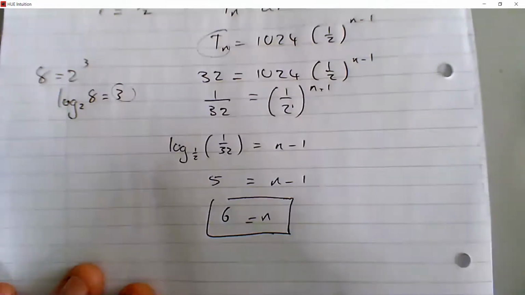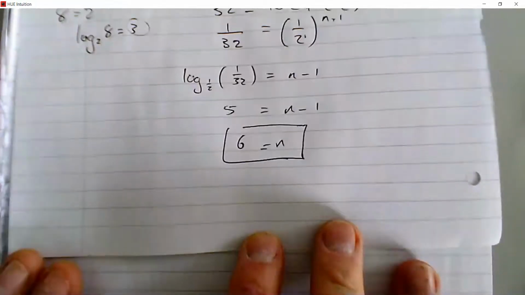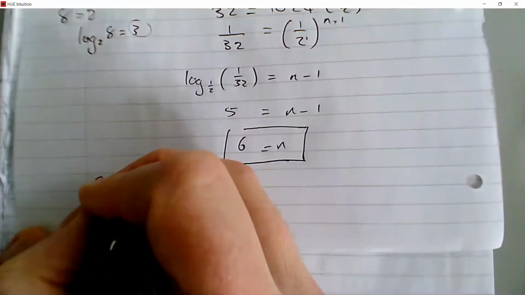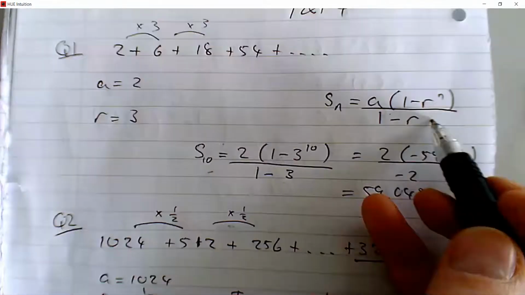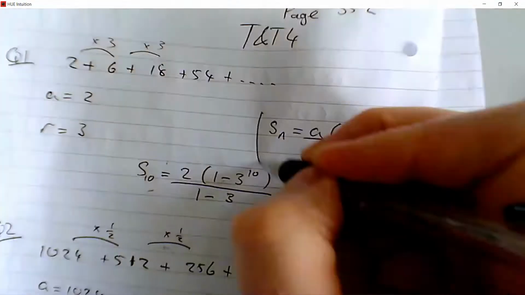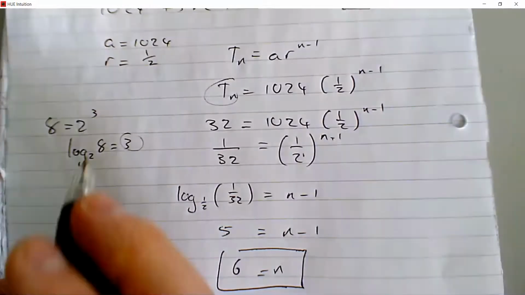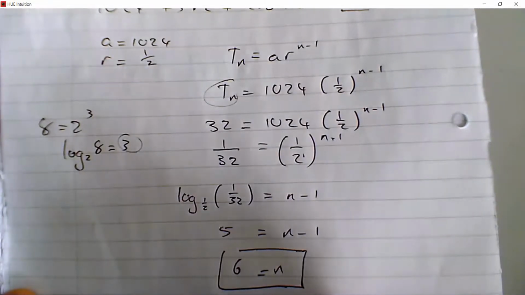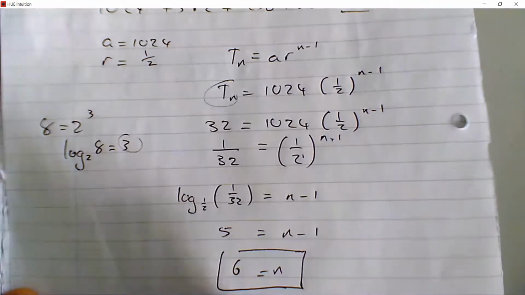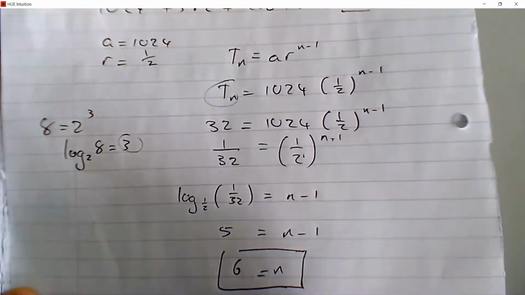So that's S6. We're going back to our formula that we saw at the start of the video. S6 is a times 1 minus r to the n over 1 minus r. And we're saying a is 1024 times 1 minus 1/2 to the power of 6, divided by 1 minus 1/2.